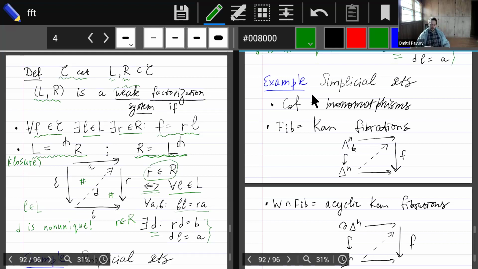And some classes, maybe most classes, are actually fairly easy to define. So cofibrations will be monomorphisms, meaning a monomorphism of simplicial sets is just a degree-wise injection. So maps on n simplices are injective maps.